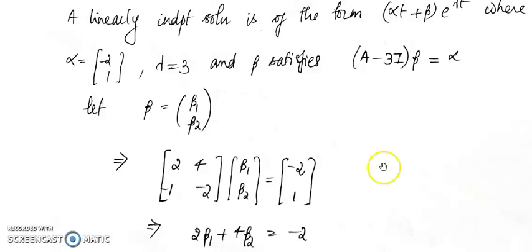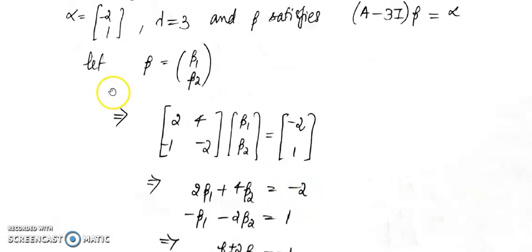Now to write this system, we know the value of alpha, so you will get 2 4, minus 1 minus 2, times beta 1, beta 2, and the right hand side is minus 2 1. So the first equation becomes 2 beta 1 plus 4 beta 2 equal to minus 2, and minus beta 1 minus 2 beta 2 equal to 1.